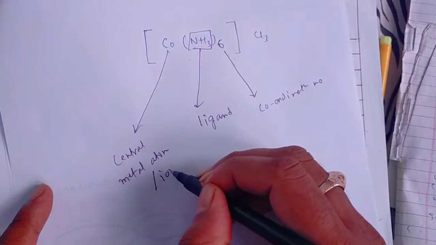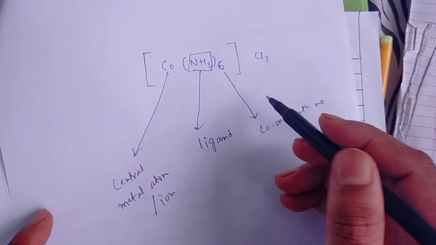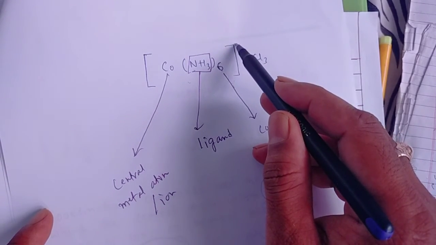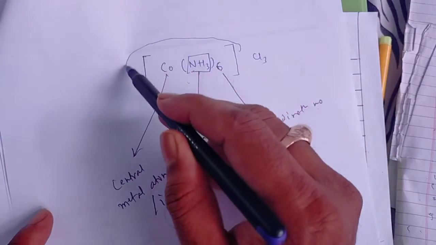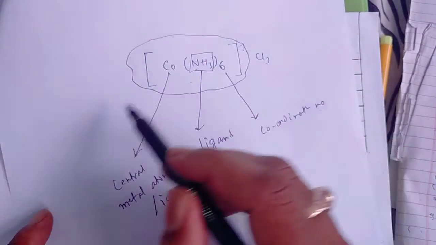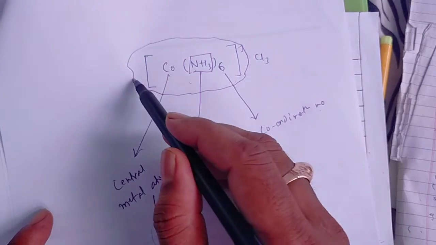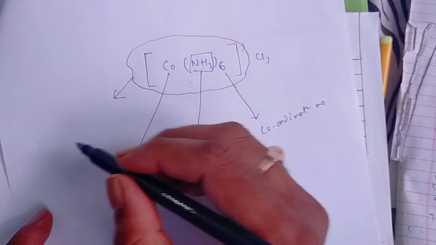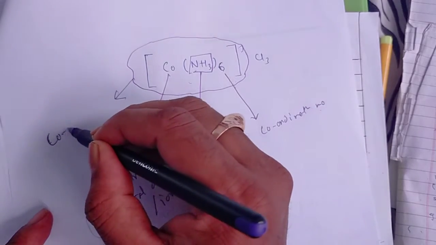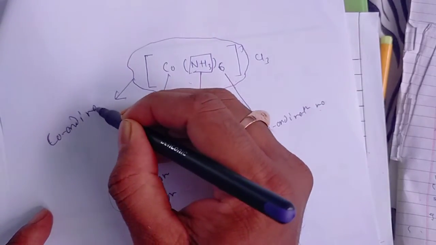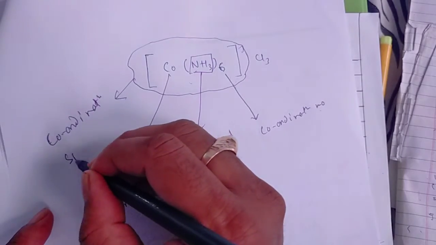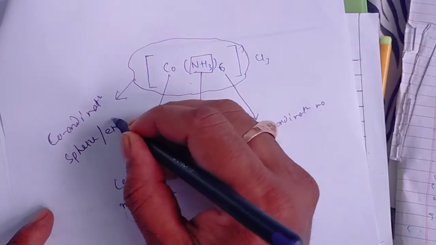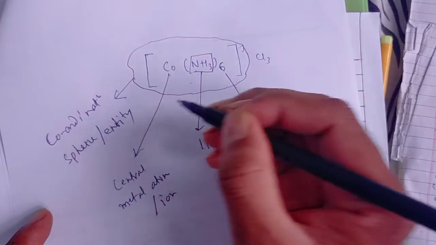The part inside the third bracket is the coordination sphere or coordination entity.